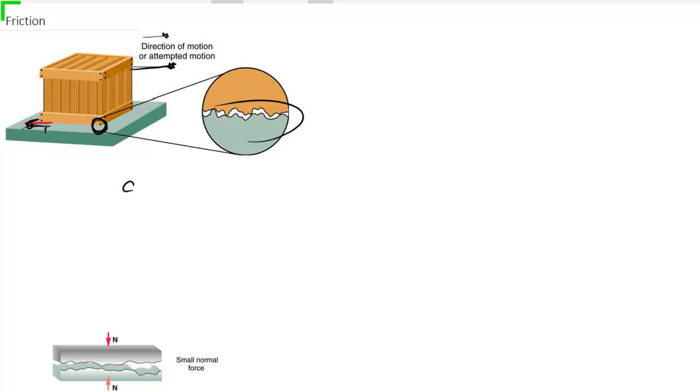So we have here this coefficient of friction, and we symbolize this with this Greek letter mu. It's like a curvy little m there. So this is the Greek letter mu, lowercase. So this coefficient of friction describes the roughness between two surfaces.